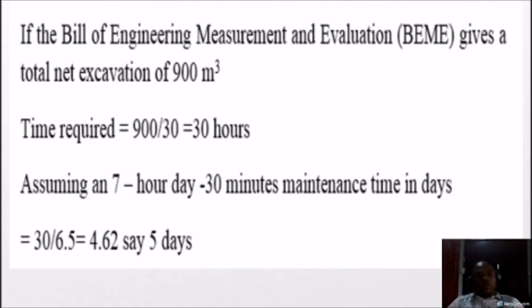It means the total number of hours for work will be equal to 6.5 hours per day, because when you minus the 30 minutes or half an hour for maintenance, we'll be left with 6.5. So when you divide the 30 hours by 6.5, we have 4.62, which is approximately 5 days.